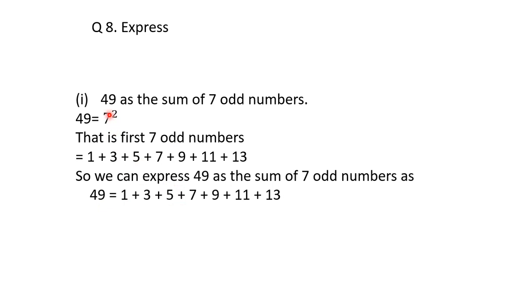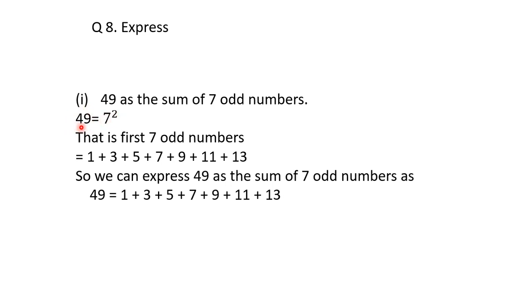So what is the meaning of this? If we have to express any number as a sum of odd numbers, we have to take the given number. Can we express it as a square number? Is 49 a square number?